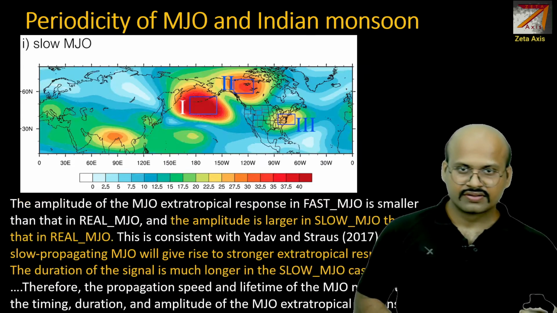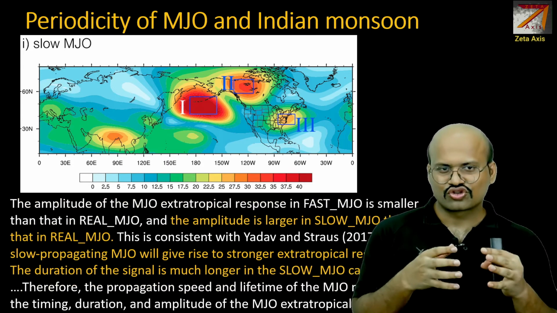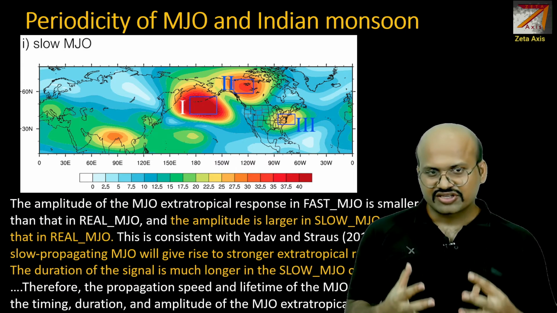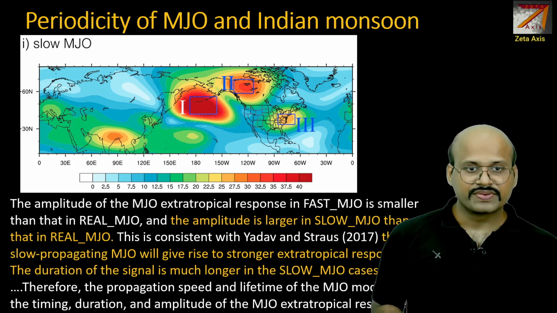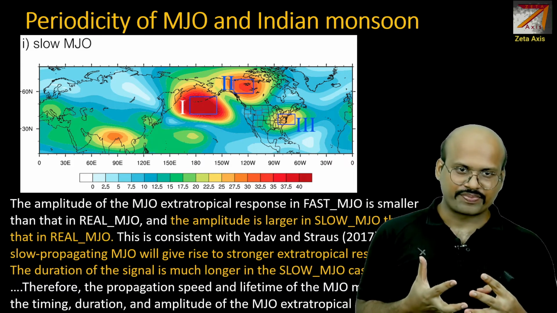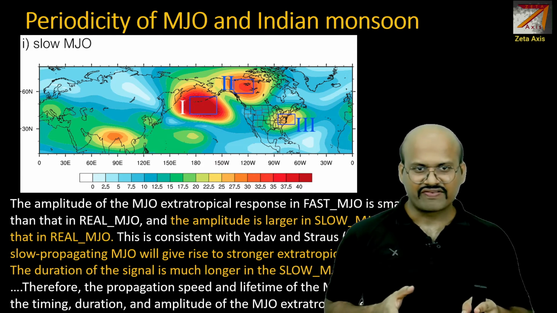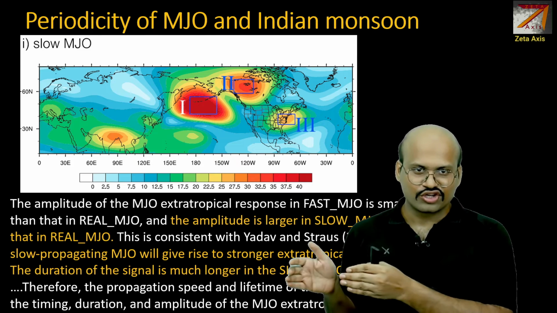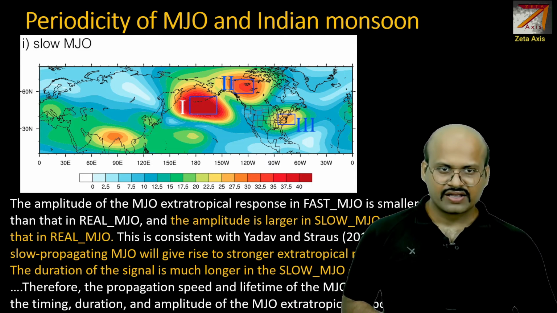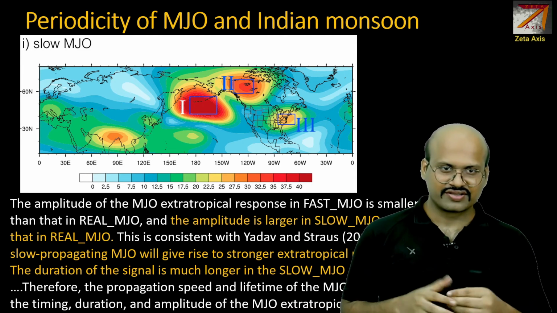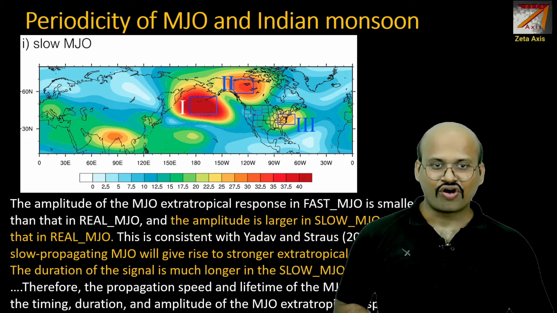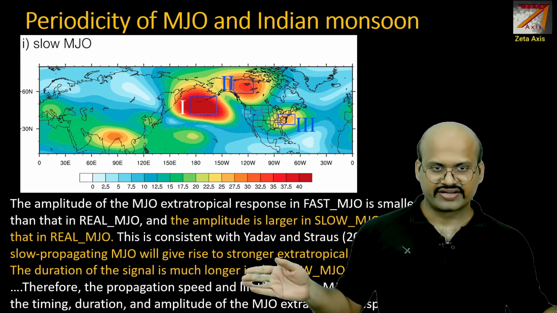And if the MJO is moving slowly, then a large number of Rossby waves will be created. There will be a higher extratropical impact of this MJO. You can think of this like an iceberg moving in the ocean along the equator. If the iceberg is moving slowly, then it will change the temperature of the water over a longer distance.